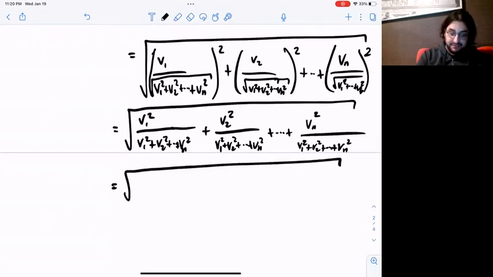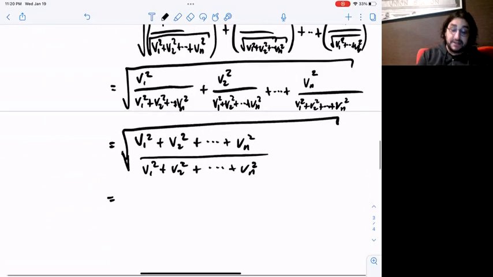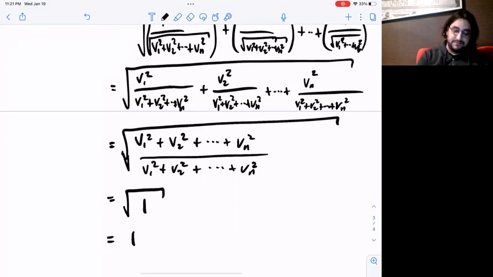Now I add the fractions. They all have a common denominator already; it's the same denominator in every case. After you add those, you notice that the numerator is the same as the denominator. Dividing a quantity by itself produces 1, and the square root of 1 is 1.